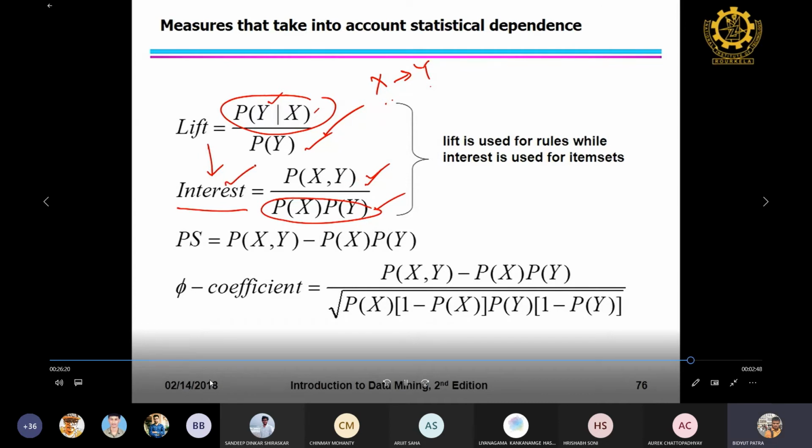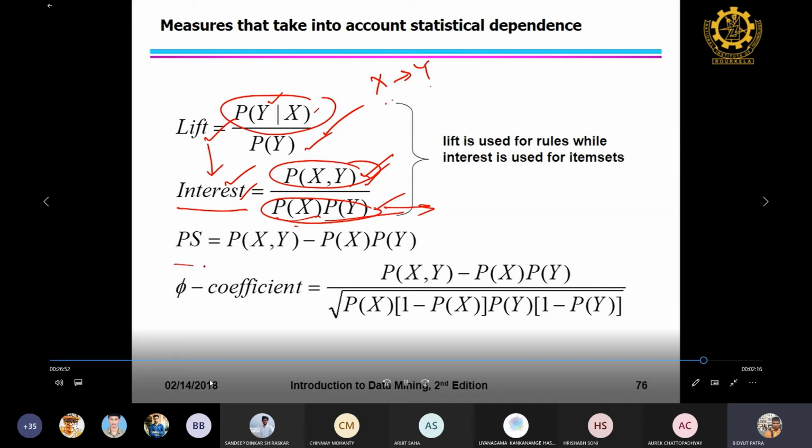This value can be more than 1, that is fine. A value less than 1 means it is negatively correlated, and more than 1 means it is positively correlated. The denominator is the joint probability when there is independence, that is P(X) into P(Y). Therefore, we will work with these two, lift and interest.